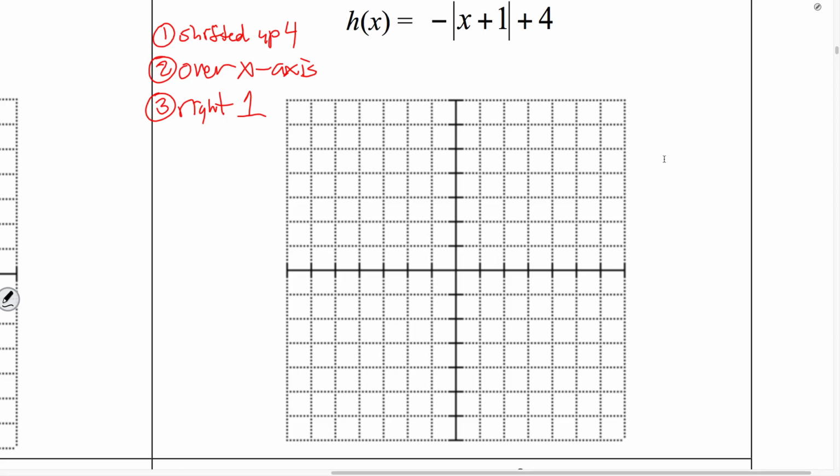So plus one on the inside. Does that show up as a right one? Are we good with that? Shifts up four, flips over the x-axis, and goes right one.